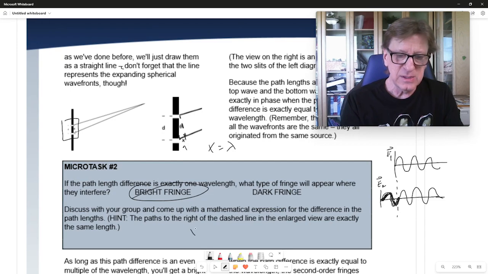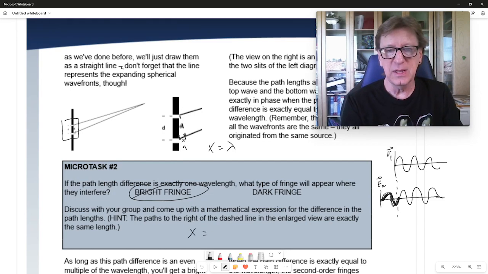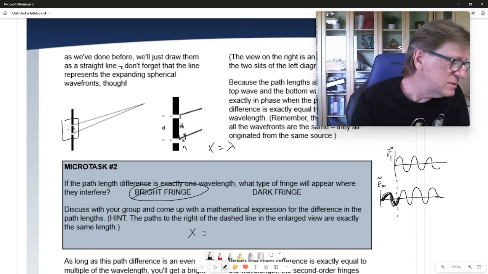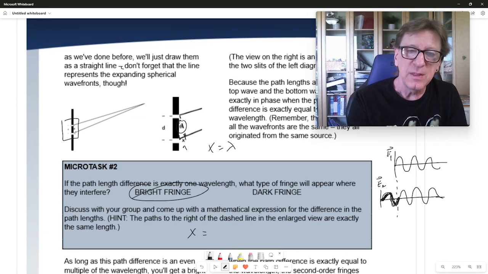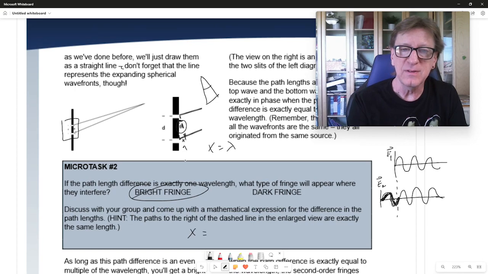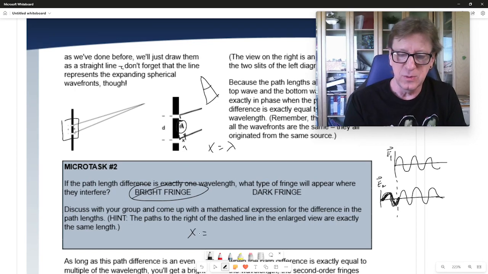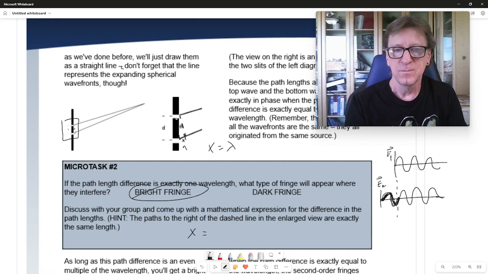So X, though, is going to equal, let's say, I think we defined this to be, you can barely see it right there, but this is my angle theta right here. If I blow this up even more, that's theta. So how would I write that in terms of trigonometry? Well, X is going to be the opposite. Notice that lowercase d here is the hypotenuse of my triangle.